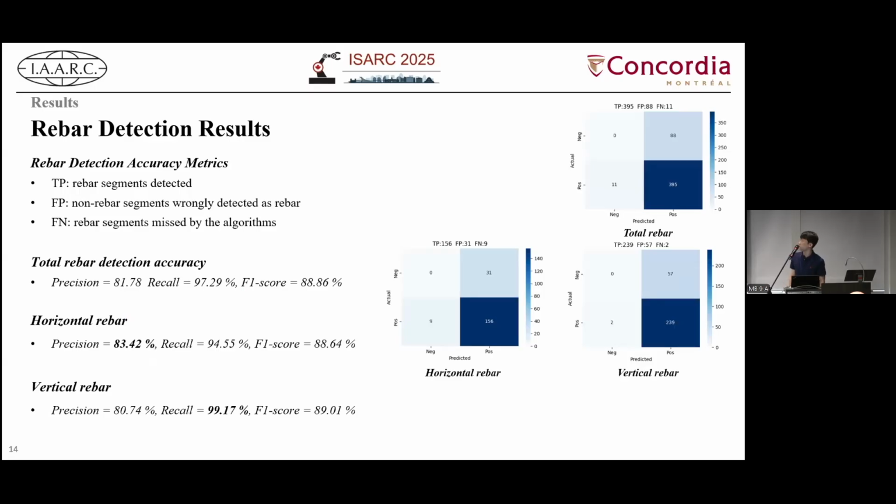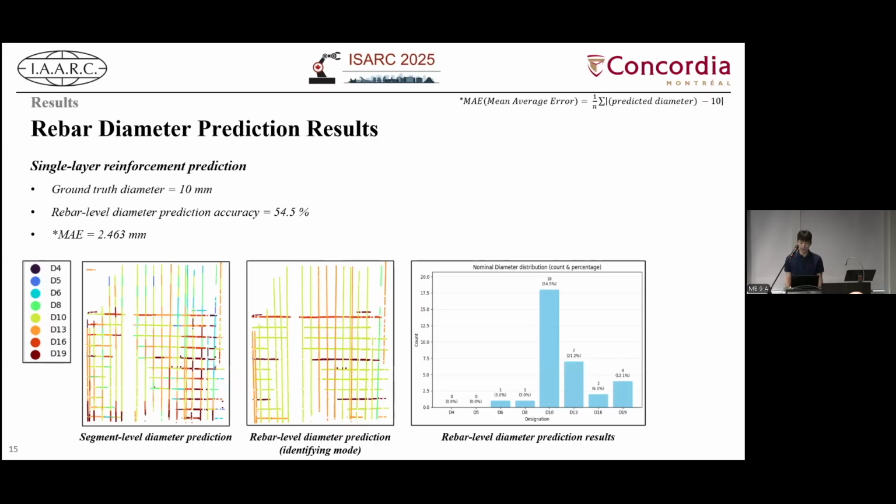So these are the rebar detection results. For total rebars, we get a precision of 82% and a recall of 97%, which indicates that my algorithm predicts true rebars with high probability. And these are the diameter precision results.